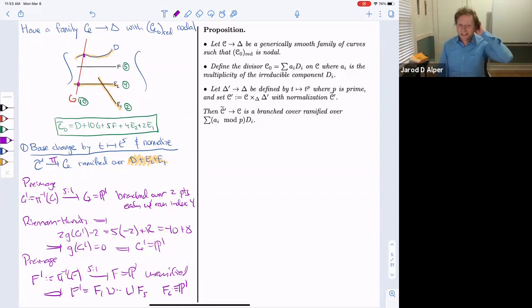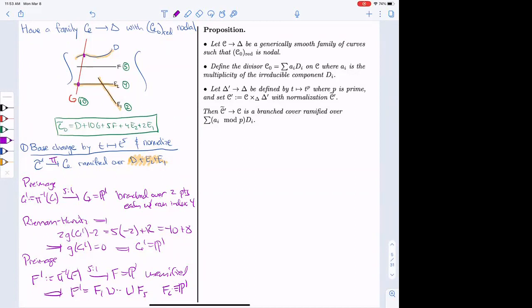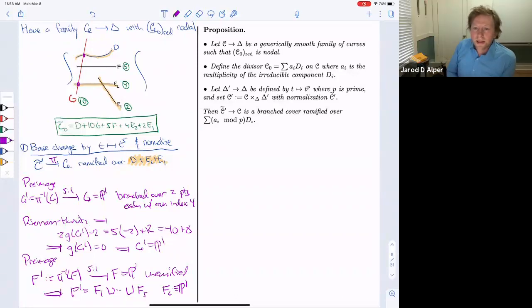Okay, thanks. Sorry, but on the right you wrote that it is branched over something that includes coefficients, right? Yeah. What the right-hand side tells me is that it's ramified over all of the components whose multiplicity is not divisible by 5.